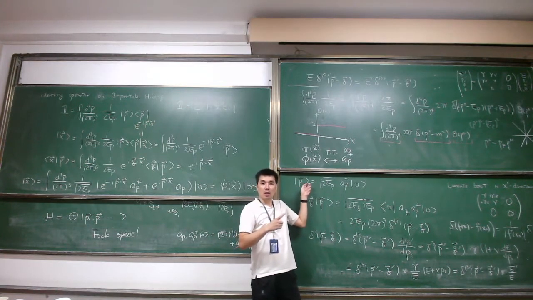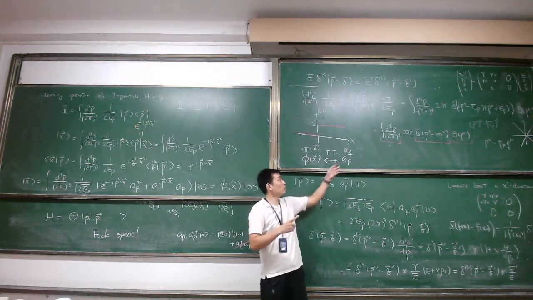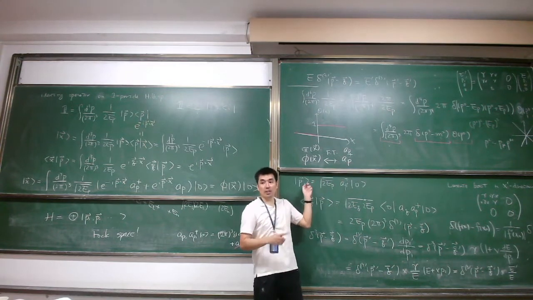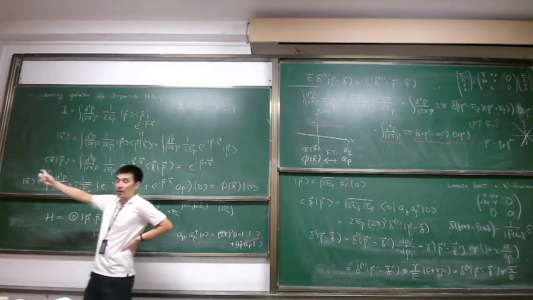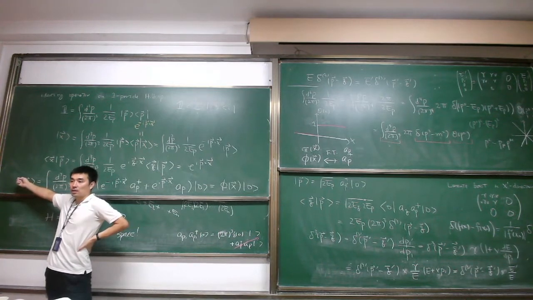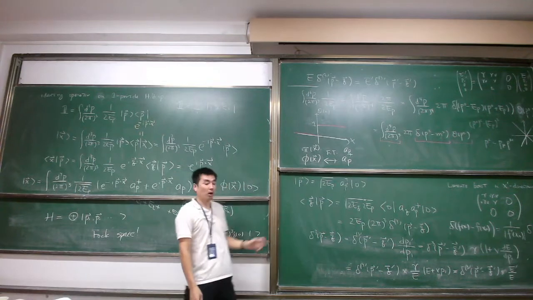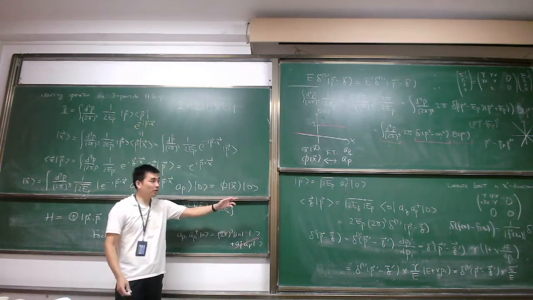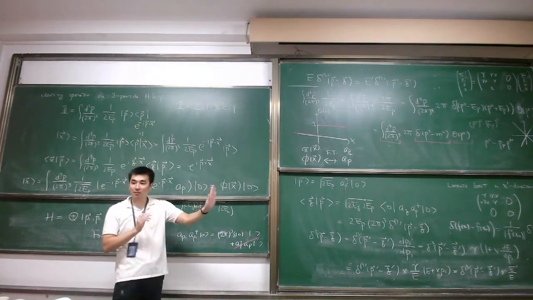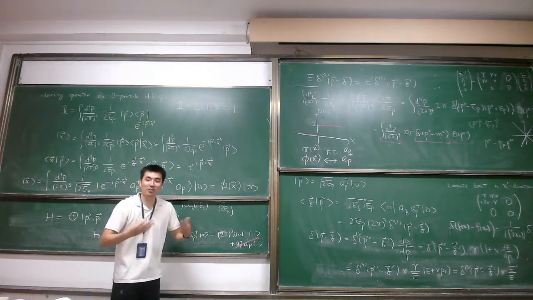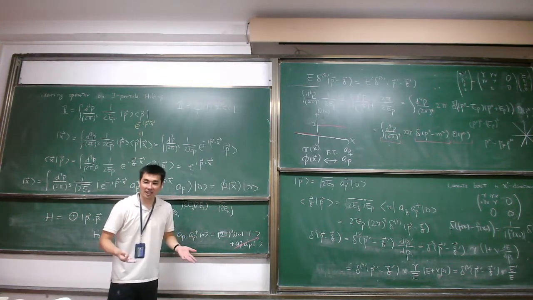If you do the Fourier transformation from momentum space, you get the state in coordinate space. That can be created by acting phi of x on the vacuum. And therefore, they are Fourier dual to each other. Do you understand?